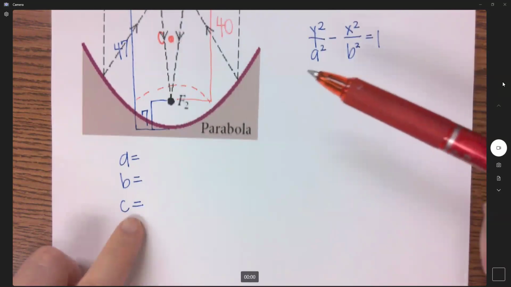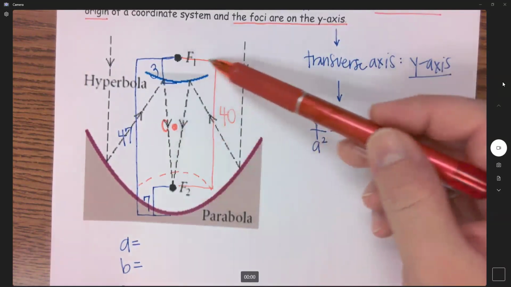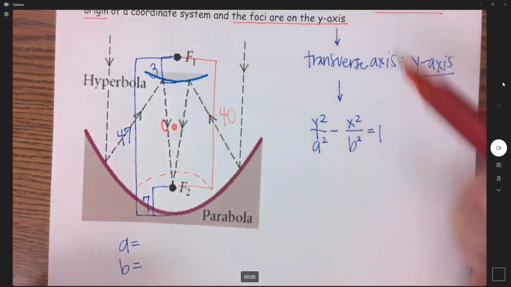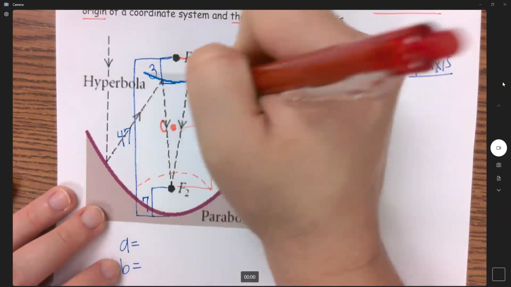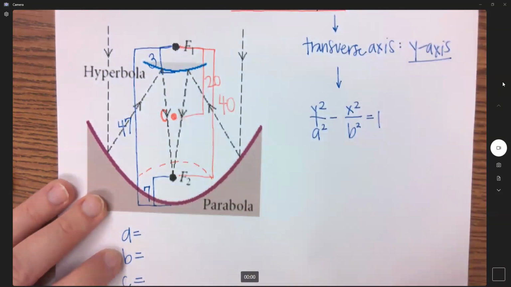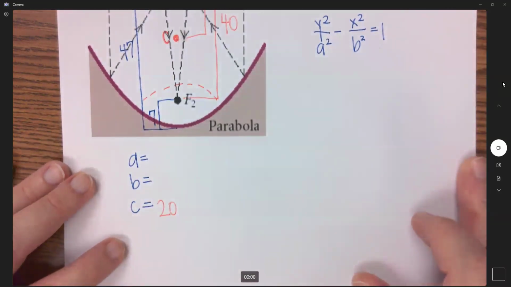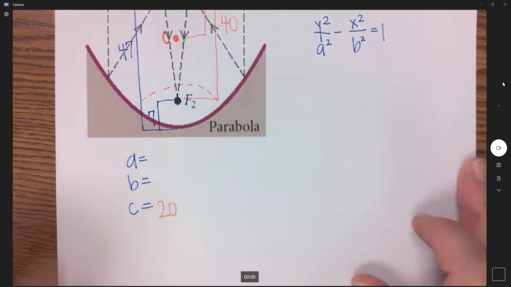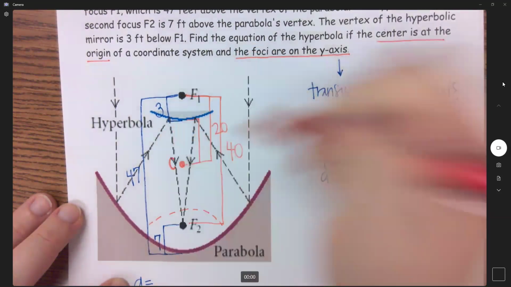Now C is the distance between the center and your focus. So if from focus to focus is 40, then half of that distance is going to be 20. And so that is my C. We can also find A. A is the distance between my vertex and my center.